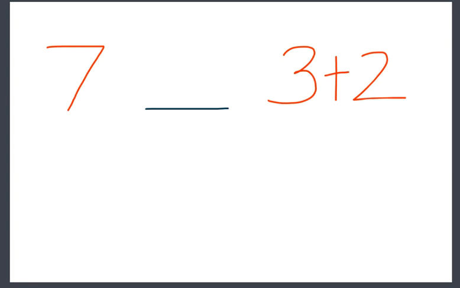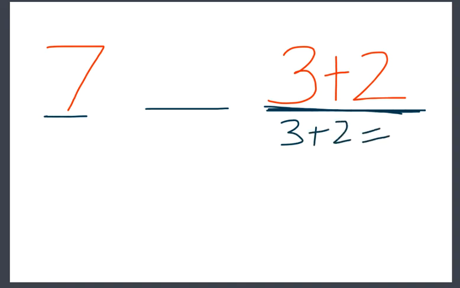What about this? I am comparing 7 to 3 plus 2. This means that I need to figure out what 3 plus 2 is. 3 plus 2 more, 3, 4, 5. 3 plus 2 equals 5.